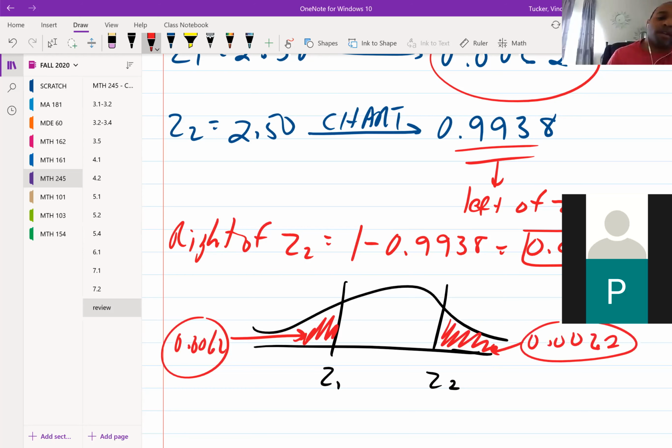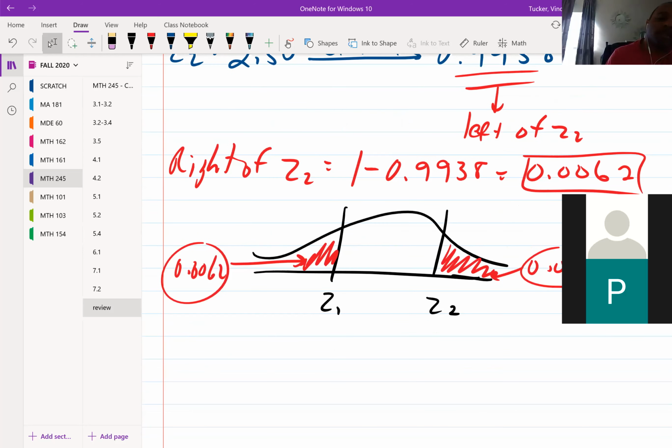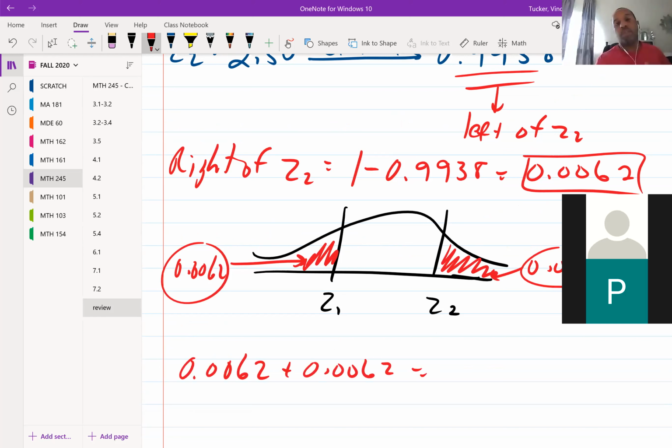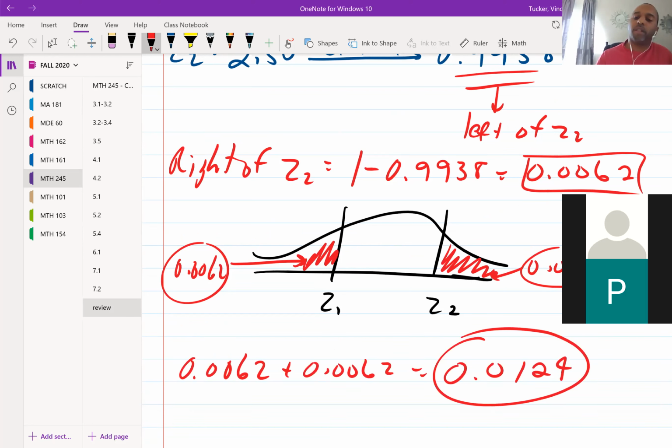And we will add those amounts together to find the total probability that you could get something either less than the data value of z1 or greater than z2. And that should be 0.0124. And that should be your answer.